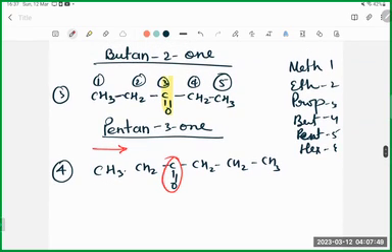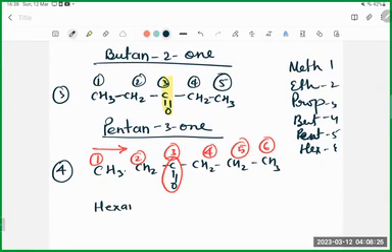Because the least position must be given. So 1, 2, 3, 4, 5 and 6. Did you understand? Now name it by yourself. Hexan-3-one. Very good. So be confident. Very good.